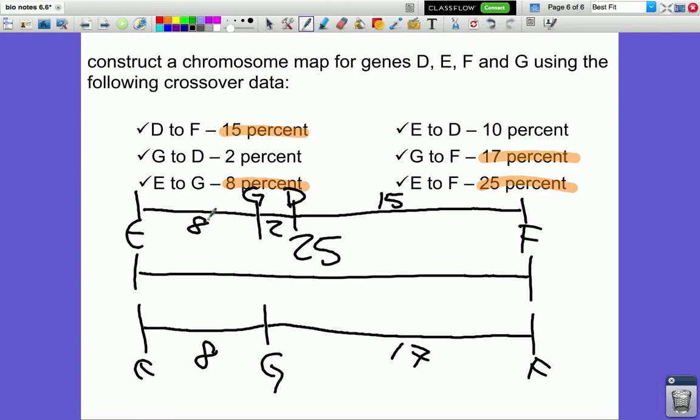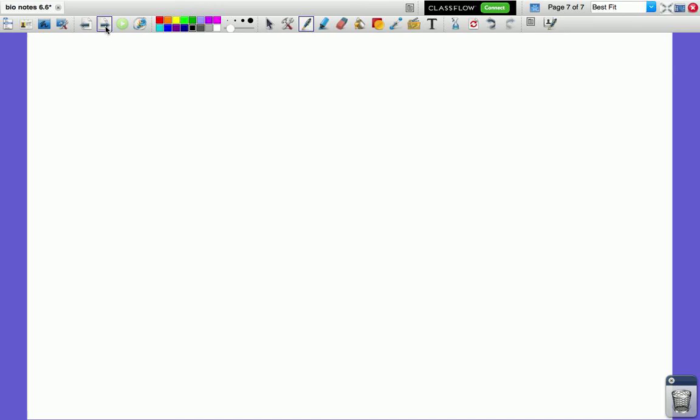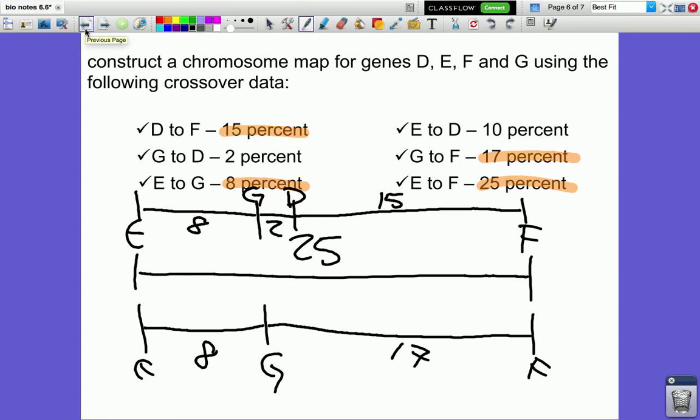We just as easily could have started on the left with F and worked our way to E through D and G. But our completed map needs to be kind of cleaned up. You go all the way from E to F with those other 2 in between. Let me go back and check again what they were.